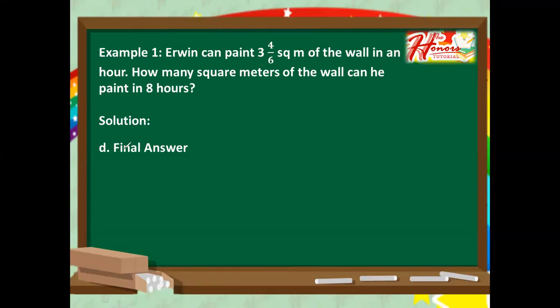You have to form a sentence. For example, he can paint 29 and 1 over 3 square meter of the wall in 8 hours.